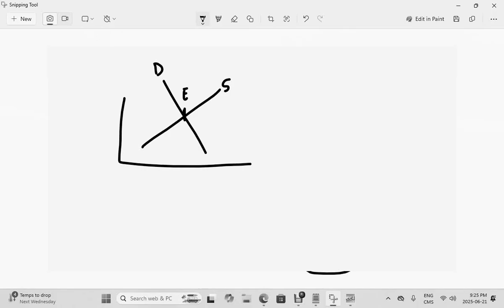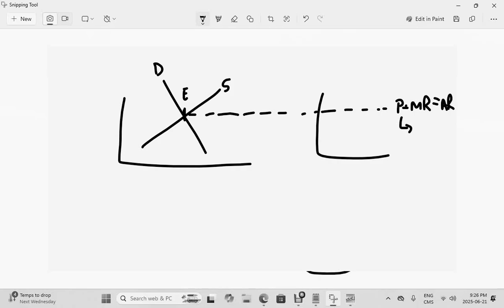And the price level at this equilibrium point becomes your price. So this is your price over here. So price equals marginal revenue. So this is equal to MR, also equal to AR, or average revenue, which is equal to PQ over Q equals P, or price.